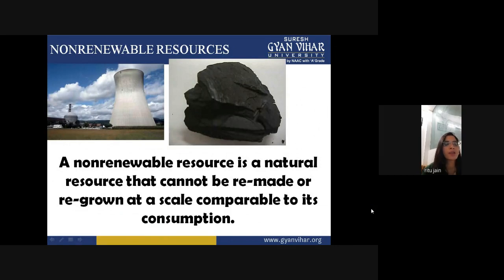A non-renewable resource is a natural resource that cannot be remade or regrown at a scale comparable to its consumption. Okay. For example, if you are taking coal, you can't remake it and you can't regrow it. Once you consume this coal, you can't regenerate or regrow this source of energy. So this is called your non-renewable resource.